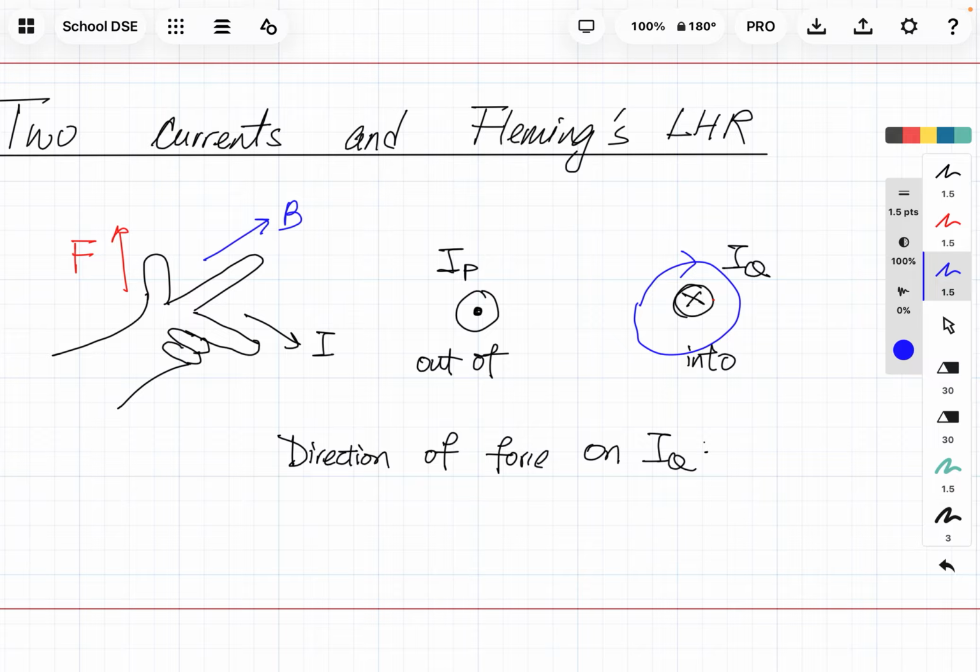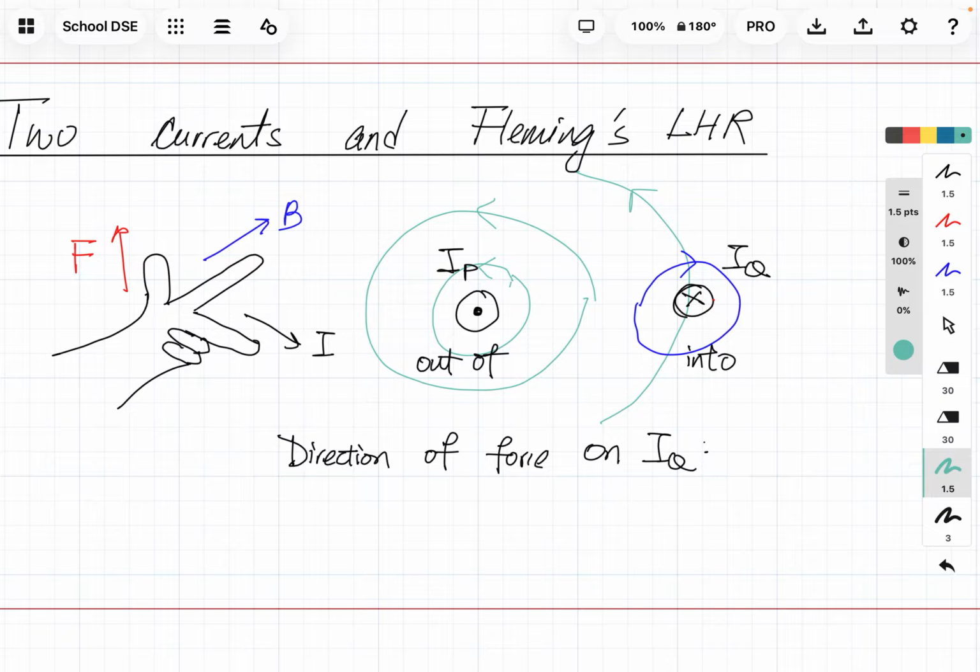Then the magnetic field due to the current in black will be to the right. And then using the right hand grip rule, the magnetic field due to the current in blue is to the left. But they may not be the same. All we know is just they're in opposite directions.